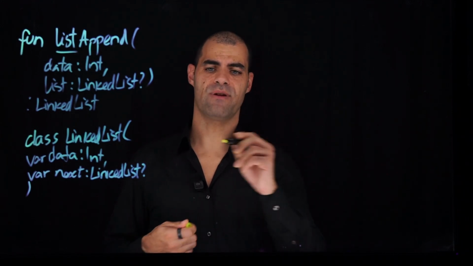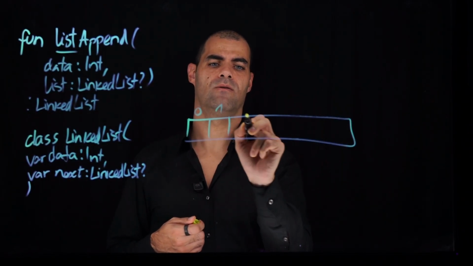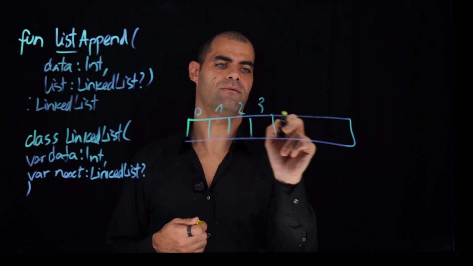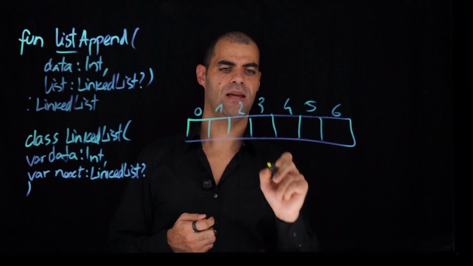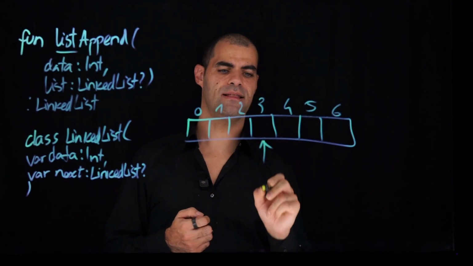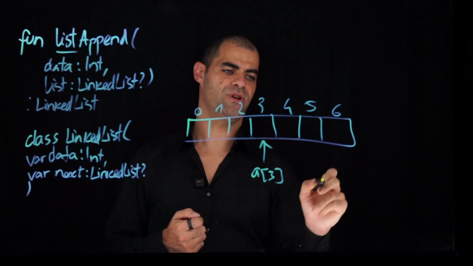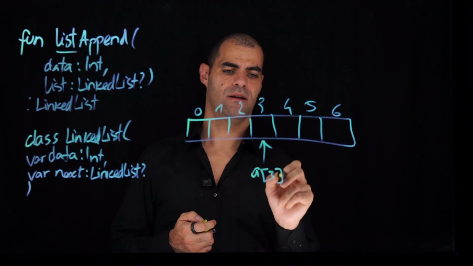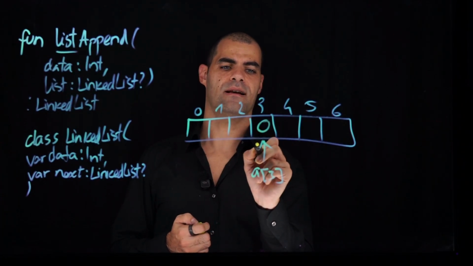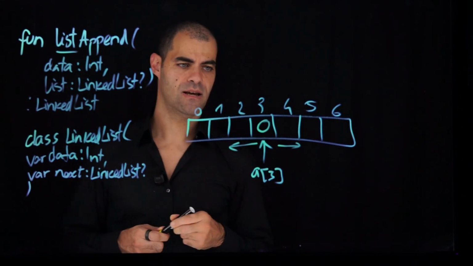But with an array, if we have an array like this, 0, 1, 2, 3, 4, 5, 6, we can immediately access A3, which would be, of course, the length of the array divided by 2. We can immediately access this and know if we need to continue searching left or right.